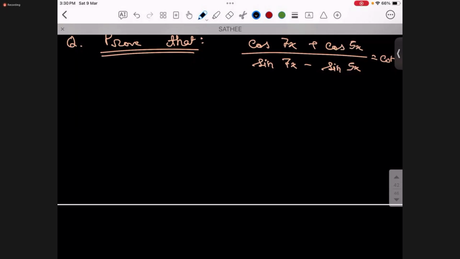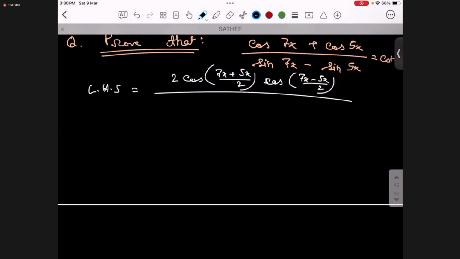So from the left hand side, what will we obtain? The formula will be 2 cos of (7x plus 5x) by 2, cos of (7x minus 5x) by 2. And what will be the denominator part?